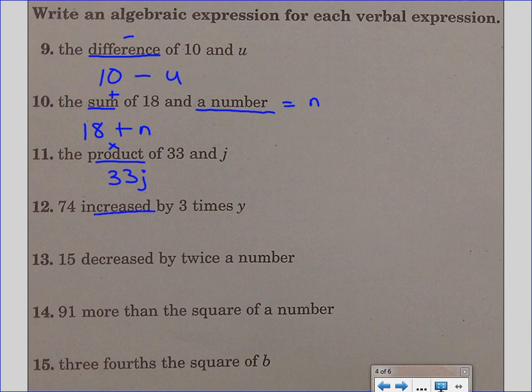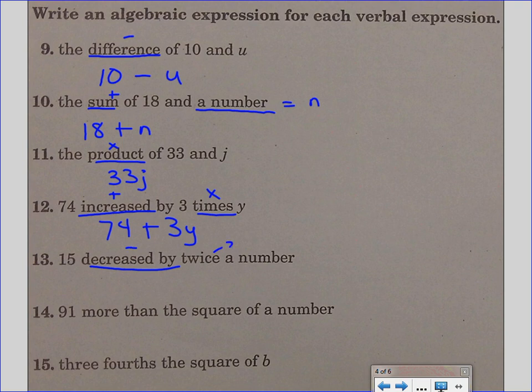74 increased by means plus, and then 3 times y means multiplication. So 74 plus, and then I'm going to multiply 3 and y, and to write that I'm just going to put them next to each other. 13 says 15 decreased by, opposite of increased by in the last problem, so we have minus, twice a number.